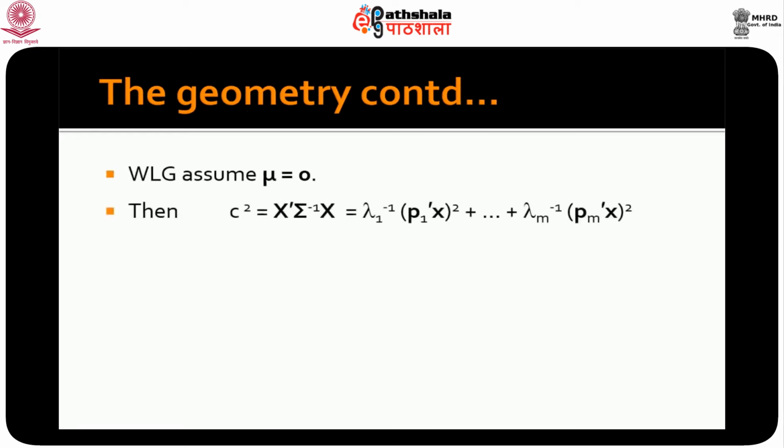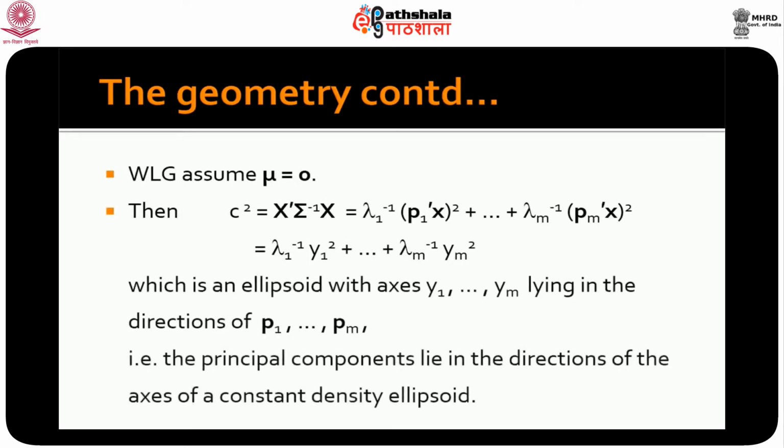Now suppose we assume mu to be equal to 0 for simplicity only. Okay? In that case, we can break up c square equal to x prime sigma inverse x as 1 by lambda_1 (p1 prime x) square plus 1 by lambda_2 (p2 prime x) square, etc., up to 1 by lambda_m (pm prime x) whole thing square.